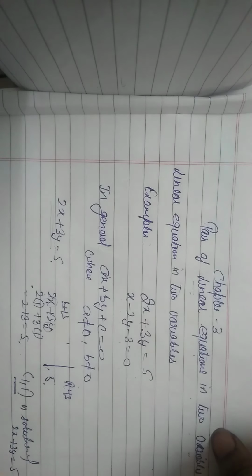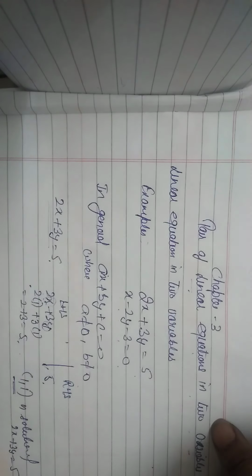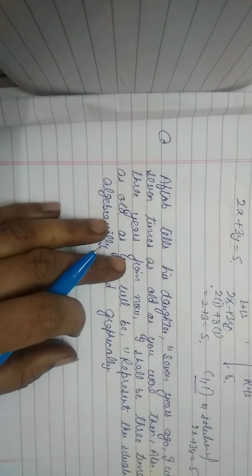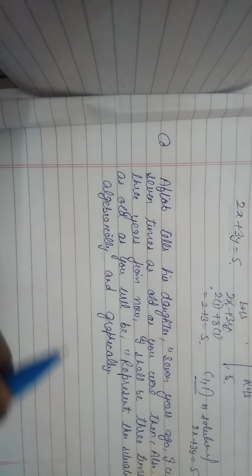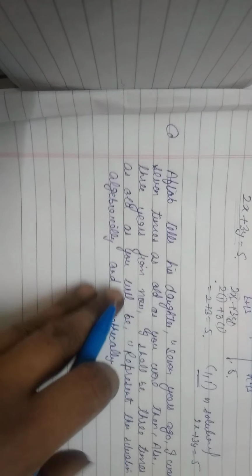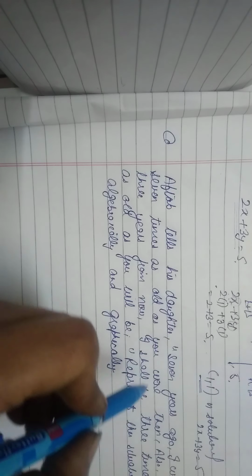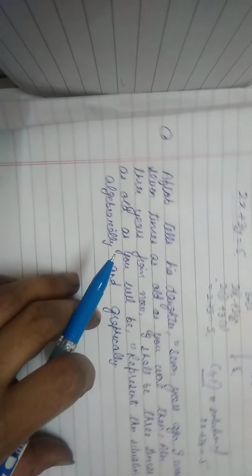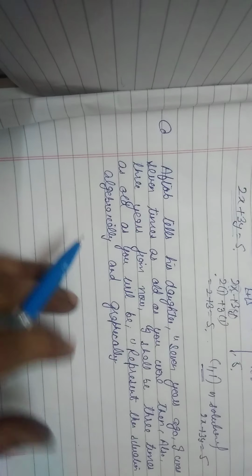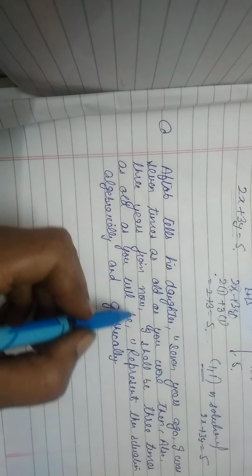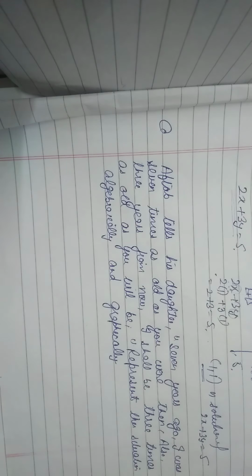Now we start Exercise 3.1. In this exercise we are given a statement question. Aftab tells his daughter, 7 years ago I was 7 times as old as you were then.